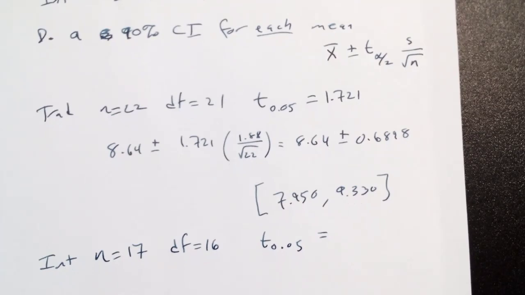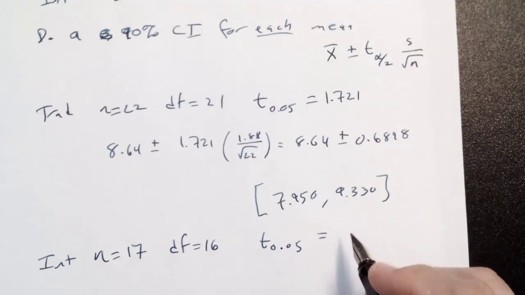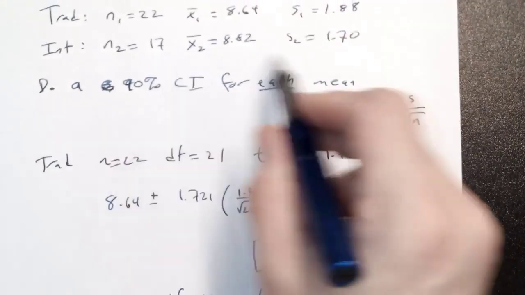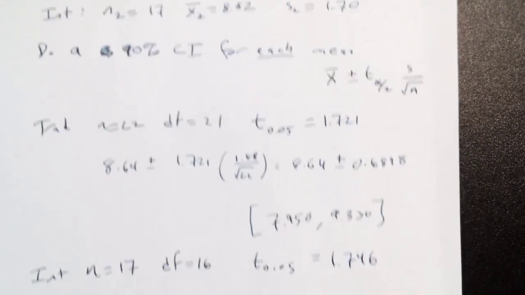Fewer people, so I use different degrees of freedom, and this time I get a different t-value. Repeat the process, only I'm using the numbers up here for the internet group.